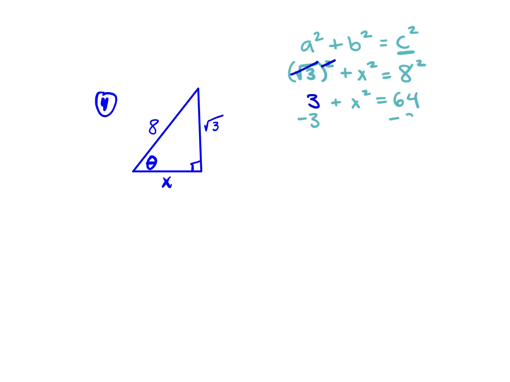Subtract both sides by 3. So we get x squared equals 61. Take the square root. Can I simplify the square root of 61? No. Always simplify if it can be. Here it doesn't simplify, so it's just square root of 61.